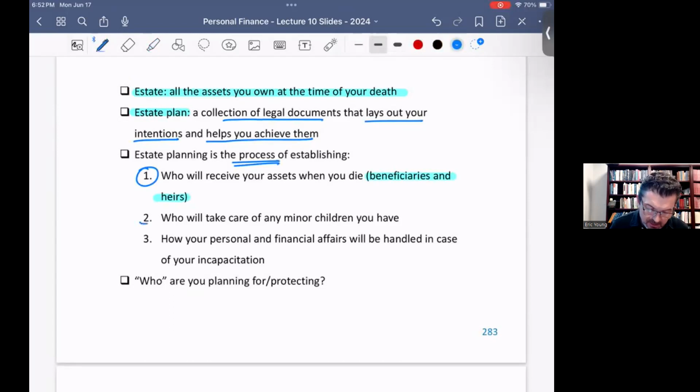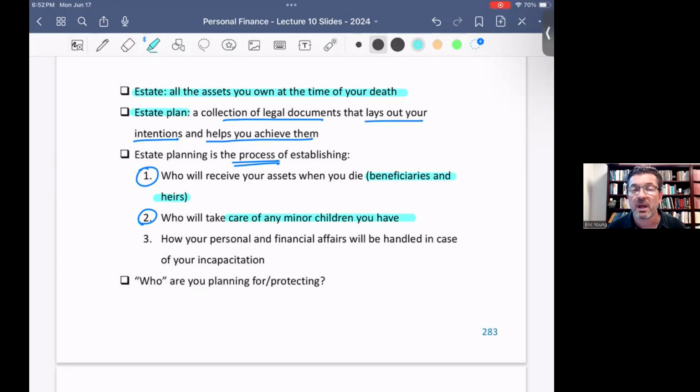In addition, if you have children, an estate plan lays out guidance for who will take care of any minor children that you have. This comes into play if you have children who are minors when you die, because minors cannot make their own decisions.